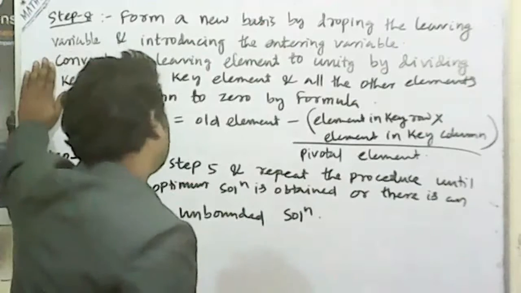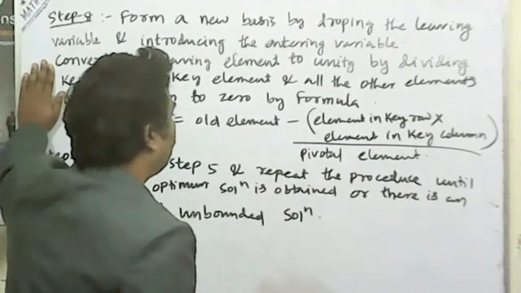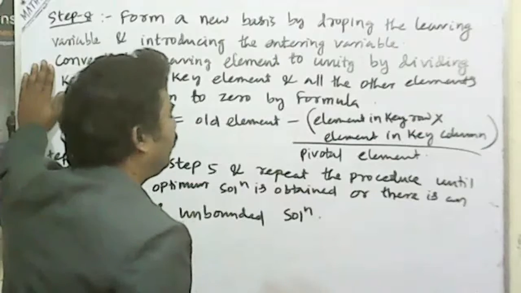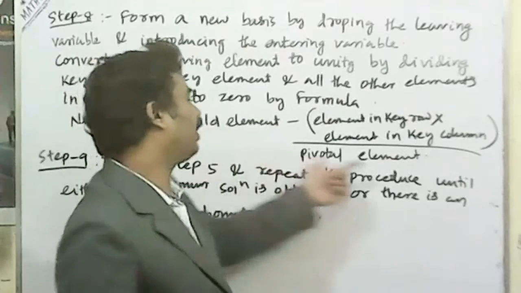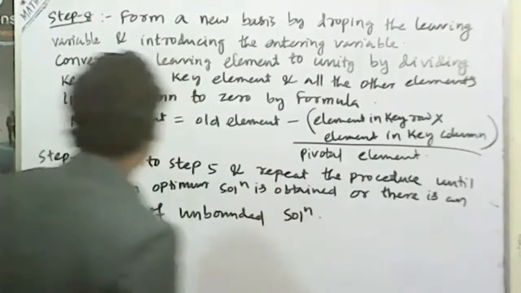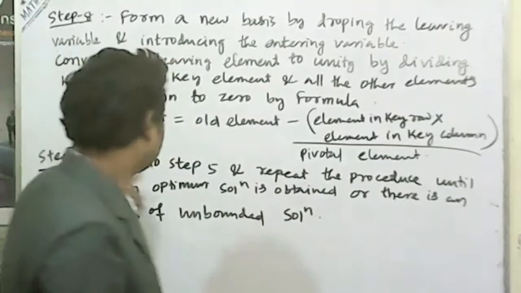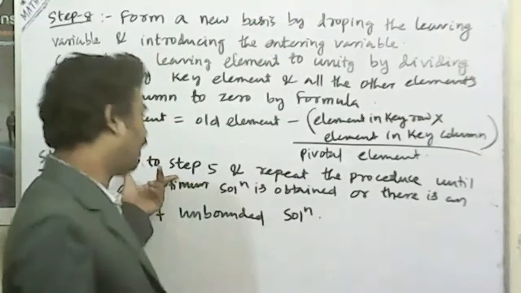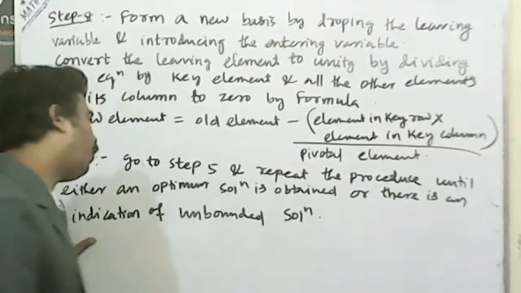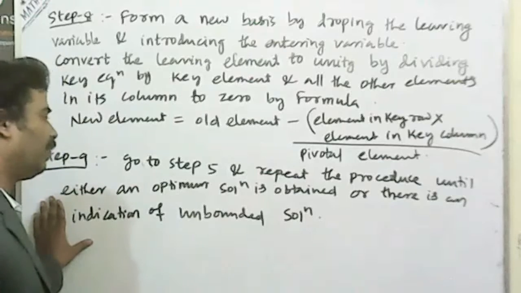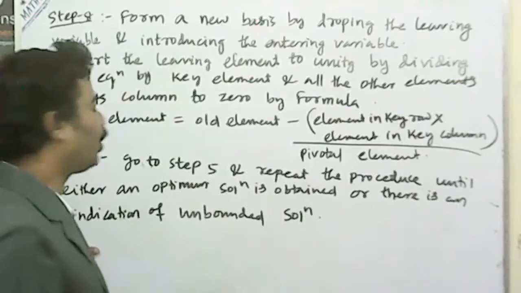That means new element is equal to old element minus element in the key row times element in the key column divided by the pivot element. Next, go to step 5 and repeat the procedure until either an optimum solution is obtained or there is an indication of unboundedness.